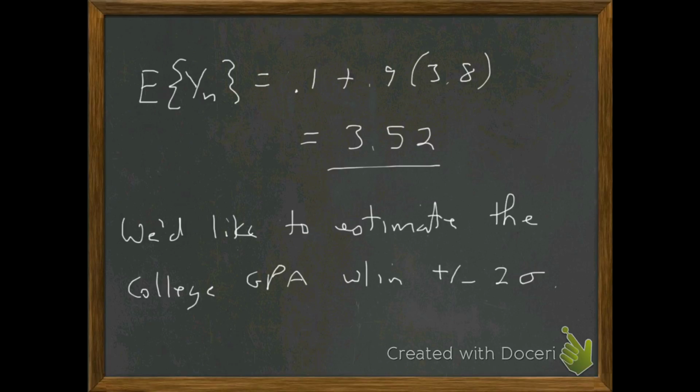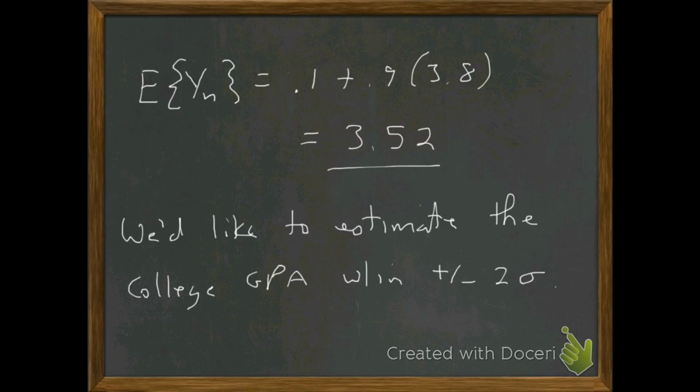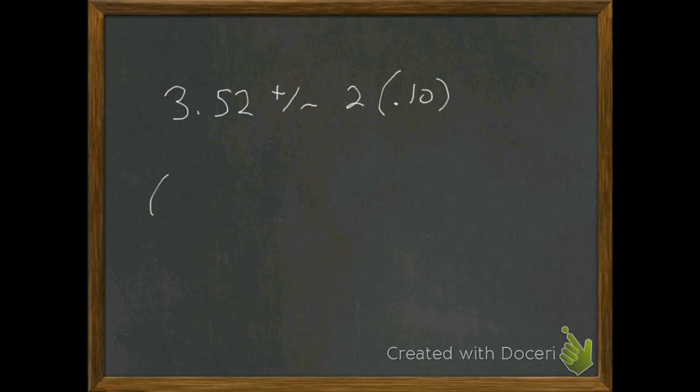So guys, what we would do here is we take our point estimate plus or minus 2 times our standard deviation. Let me just go back and check that. Yeah. So we're going to have 3.32 to 3.72. I wish it stayed that easy.